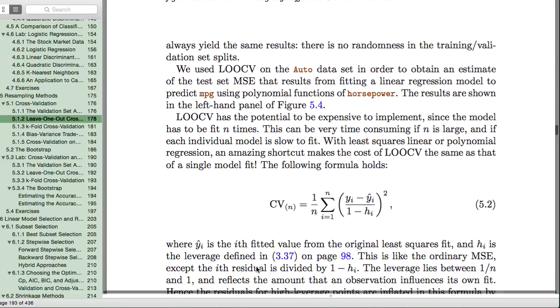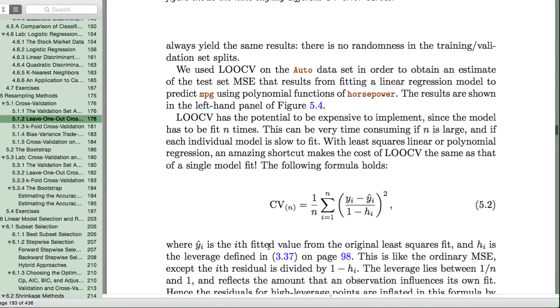Here, y hat sub i is the ith fitted value from the original least squares fit. So you basically only have to do one least squares fit, and then you can calculate the leverage for each observation and use that in this formula, and you get the same result as the estimated mean squared error.